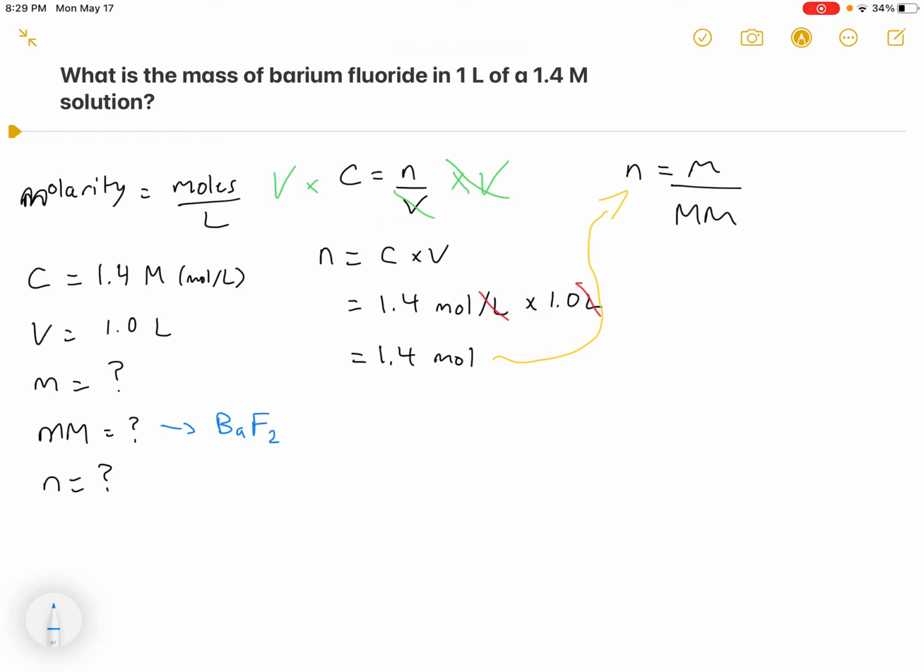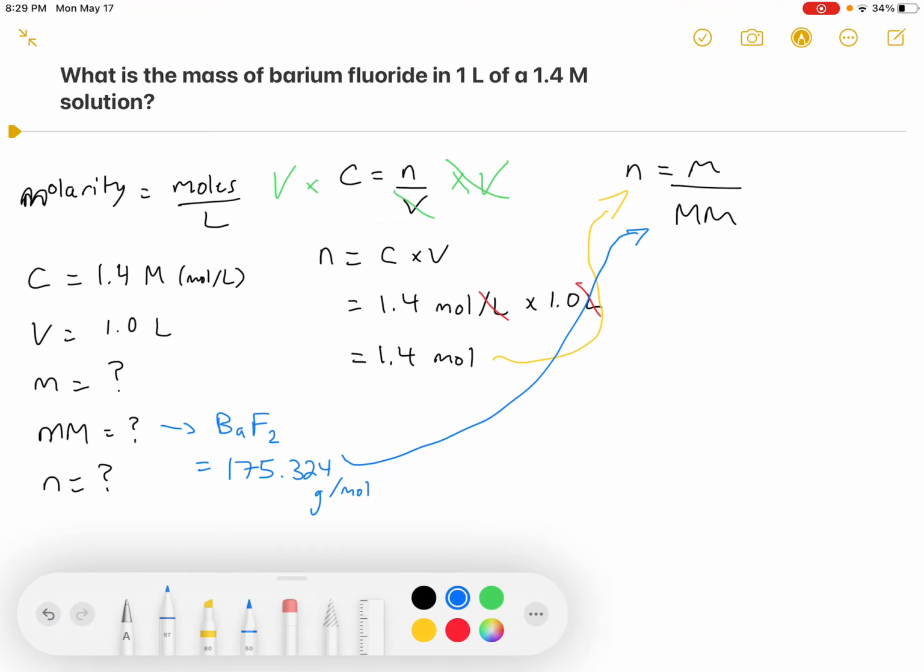And then we've practiced how to calculate the molar mass of something quite a bit. So you will be able to determine, once you look into your periodic table, that the molar mass of barium fluoride is 175.324 grams per mole. So now we have molar mass and we have moles, and we can sub both of those into our other equation.